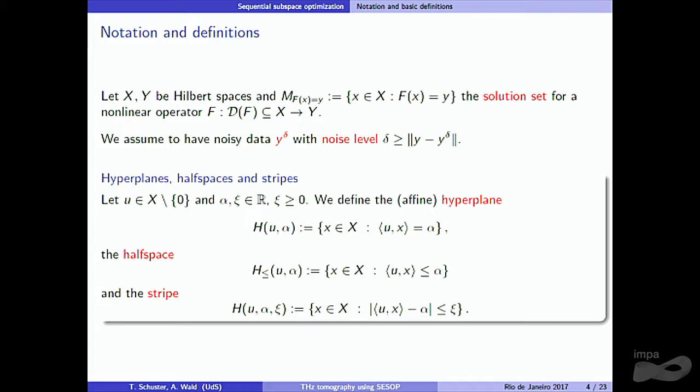If you consider all x where the inner product, this is always the inner product in the corresponding space, I dropped the subscripts for better readability, and the inner product of u with x is less than alpha, then you get a half space. And of course, a stripe if the distance from a given alpha is less than xi. All this will play a key role in constructing this technique. Okay?